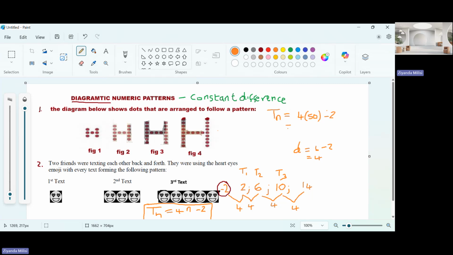So 4 times 50 in your calculator, that is 200, minus 2, which is equal to 198. So the 50th text has got 198 heart eyes.